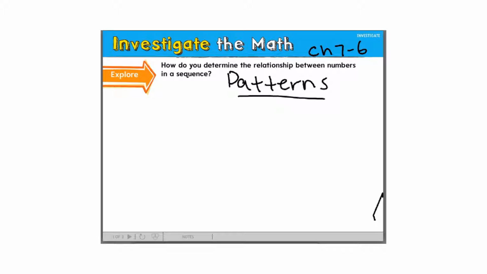Here's 2 words. One word is sequence. So I need you to write this word in your notes. A sequence is a list of numbers that follows a pattern.